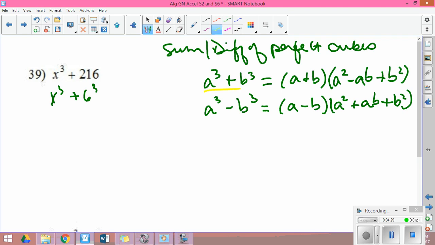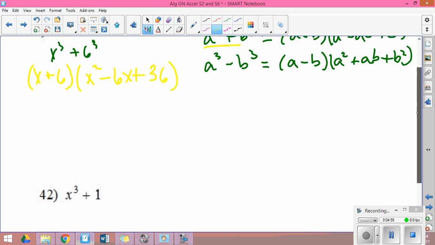So I'm dealing with the plus situation here. And so I have x plus 6 times x squared minus 6x plus 6 squared, which is 36. And so that is how you handle the sum of perfect cubes.